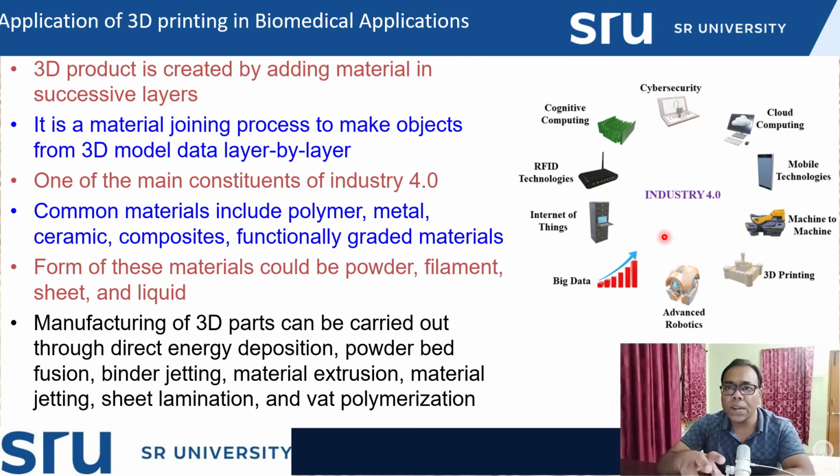These are the commonly used additive manufacturing technologies nowadays for making any complex part as per the customer's requirement. Customization is possible here, but in conventional manufacturing processes customization will be difficult.